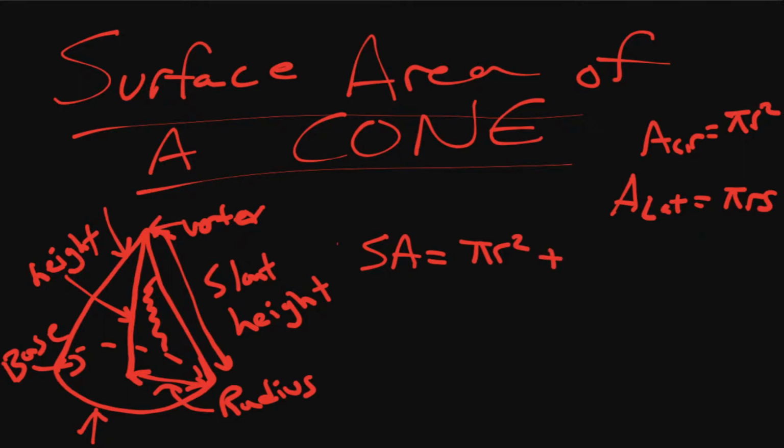That's the circle, and then we have pi r s. So this is now the formula for our cone.